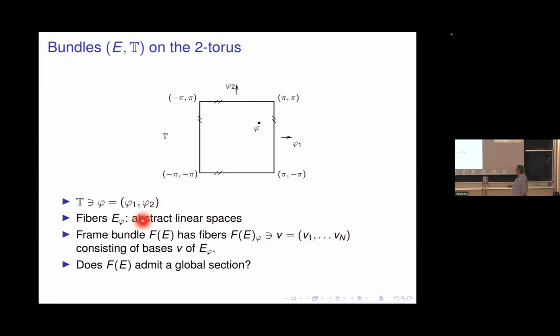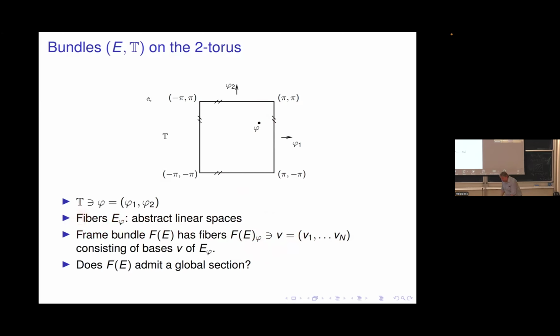If this has dimension n, then we take n linearly independent vectors, V1 through Vn, collectively called the basis. And the frame bundle is also a bundle over that same torus, but with different fibers. The fibers over a point phi consist of all possible bases that you may have in E phi.